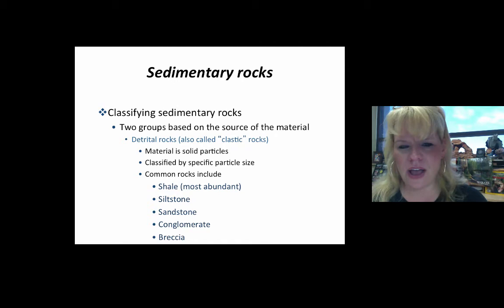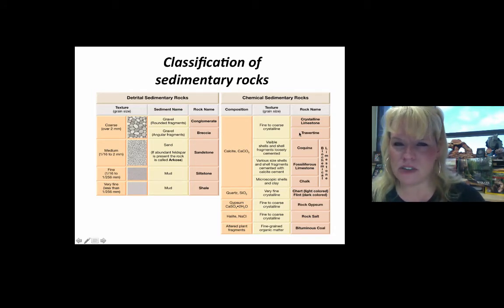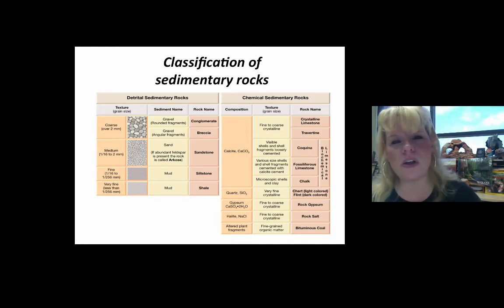Now, I can also have a different type of sedimentary rock called chemical, and that's this category over here. Chemical rocks are typically made by the dissolution of something or the precipitation of a mineral in seawater, rivers, lakes. That's typically how they form.